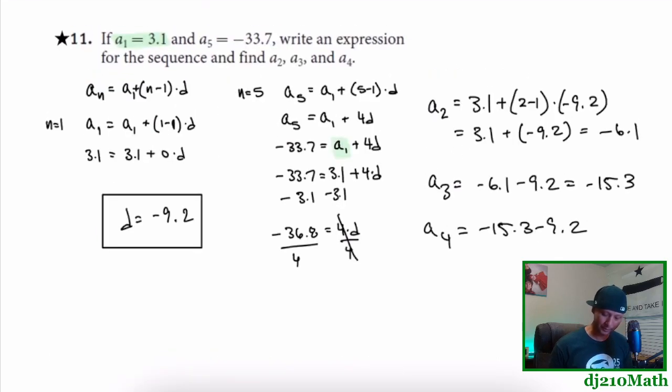This is going to be negative 24.5, right, because you're just adding it and making it more negative. So there are the first a sub 2, a sub 3, and a sub 4. All right. Good luck.